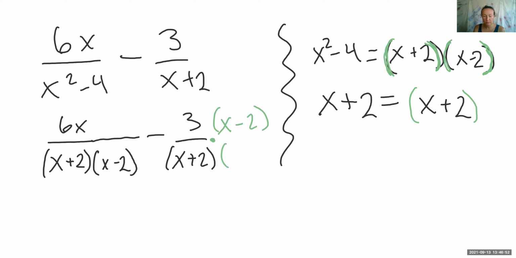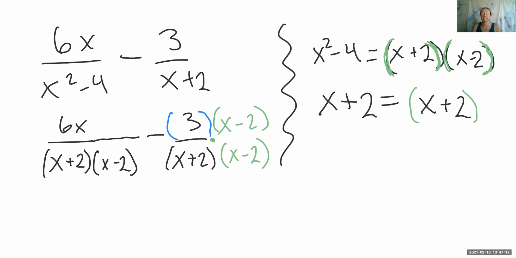And make sure you use parentheses here. That whole thing, x minus 2, is one chunk, and it's going to get multiplied by everything in our numerator here. So you're going to have to distribute.